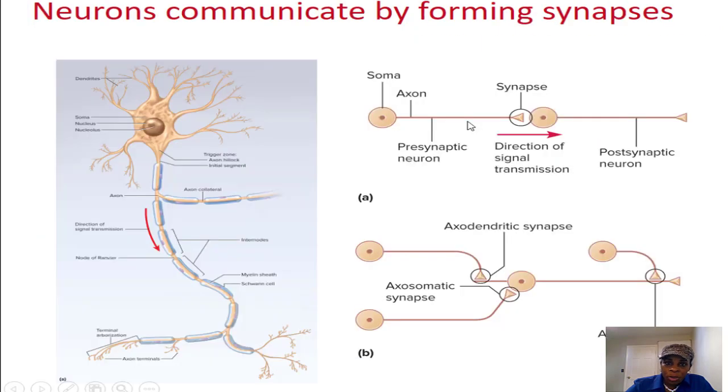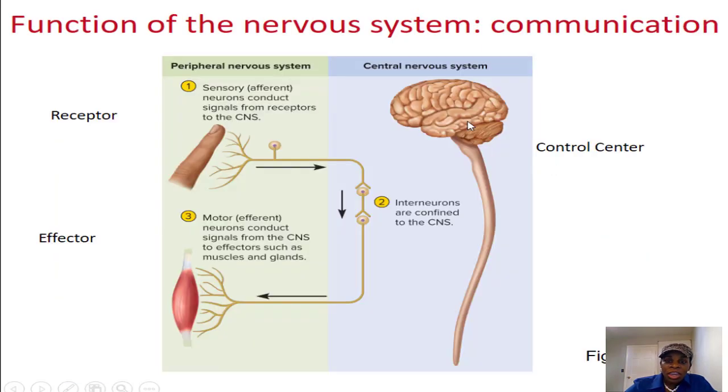Then that information is processed and the signal or the command is given to a motor neuron for an effector organ to carry out the job.